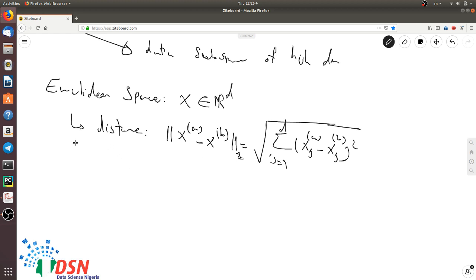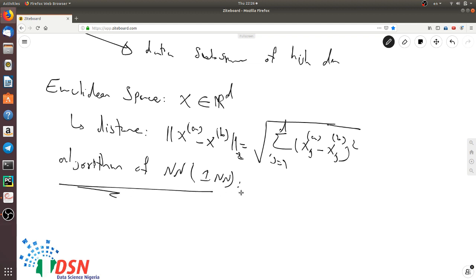Now we can build the algorithm of NN, or nearest neighbor. Sometimes it's called 1NN, and we will explain why. It is pretty simple.